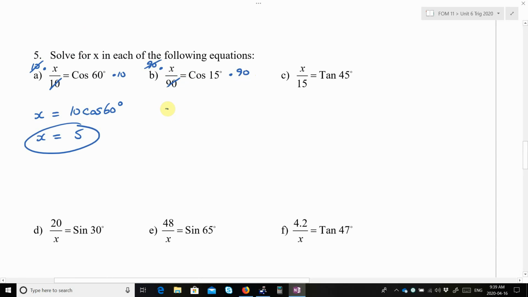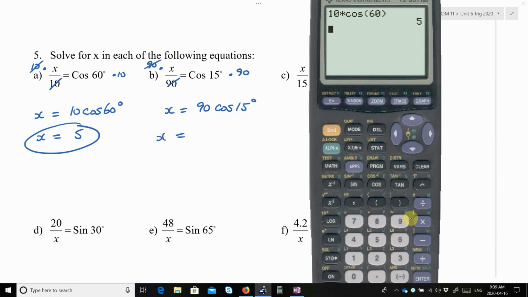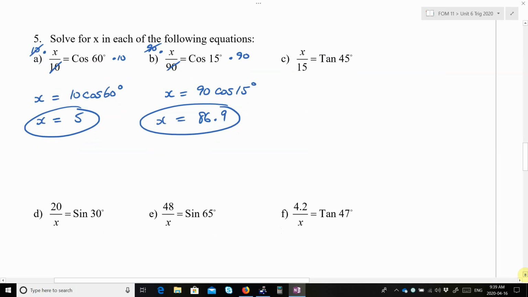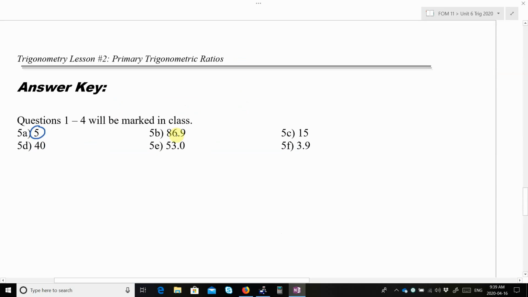Do that to both sides, and we get x equals 90 times cos 15 degrees. Calculator, 90 times cos 15, and I'm going to get 86. Let's go to 1 decimal place, 86.9. And is that what they have down here for B? 86.9. Wonderful.